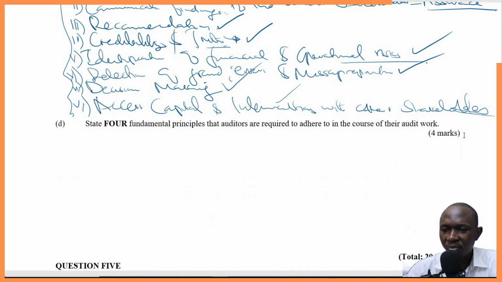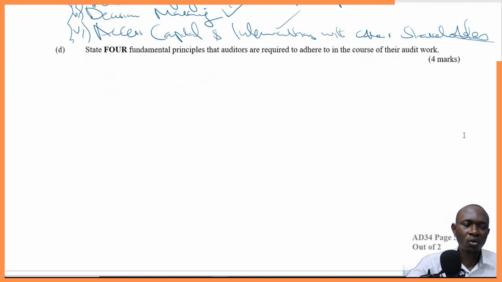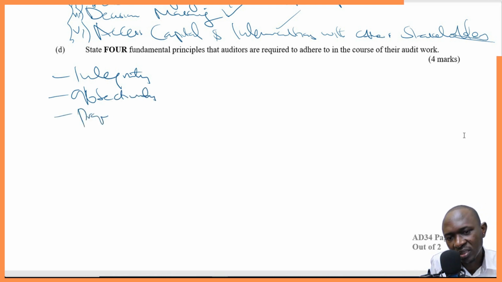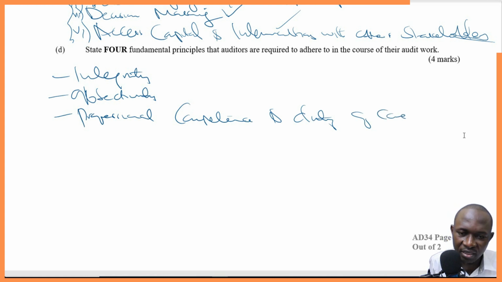State 4 fundamental principles that auditors are required to adhere to in the course of their work. Now, these principles are very straightforward. We have integrity, we have objectivity, we have professional competence, and duty of care, and lastly we have confidentiality.